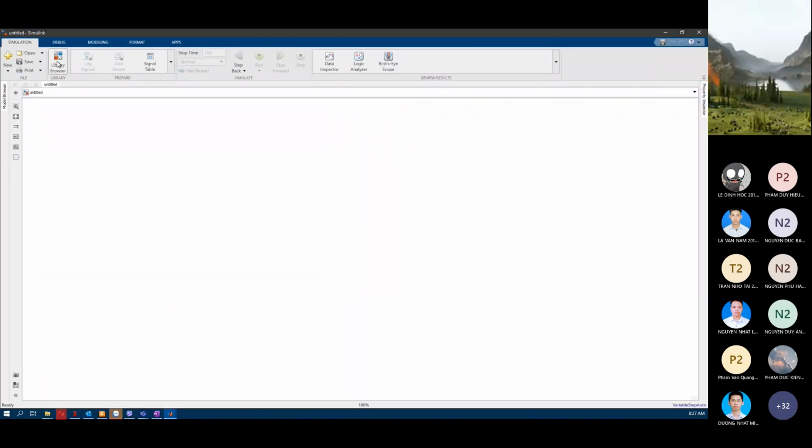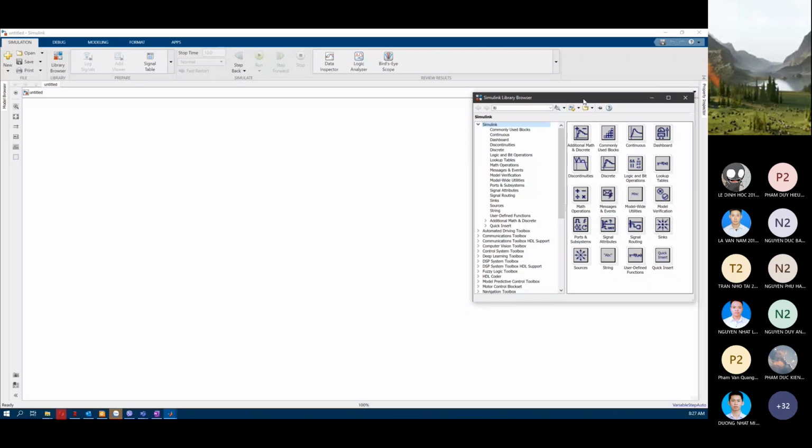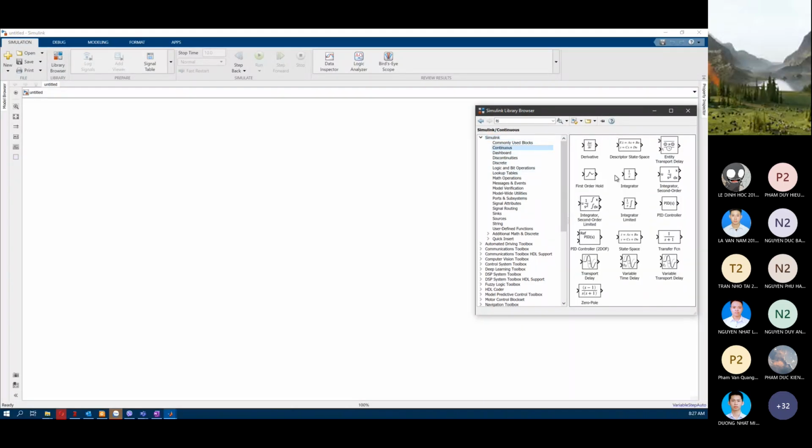And I will open the library browser in order to have some basic elements that we can use here, and we try to add a transfer function. Where is this transfer function? Yeah, for a system.